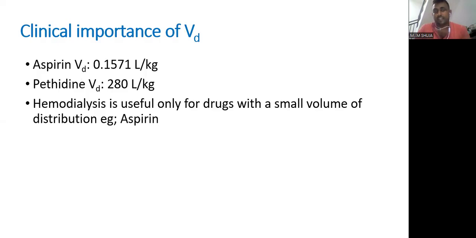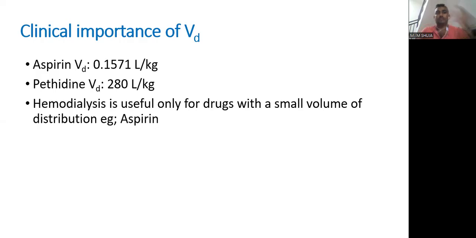Normally, how much fluid do we have in our body? What is the normal water in your body? In an adult average 70 kilogram person, it is around 42 liters, we assume.